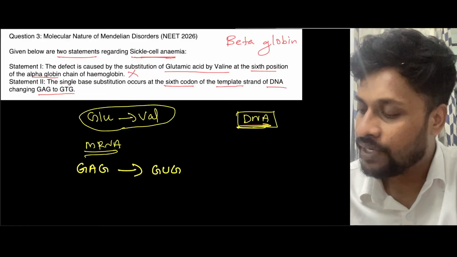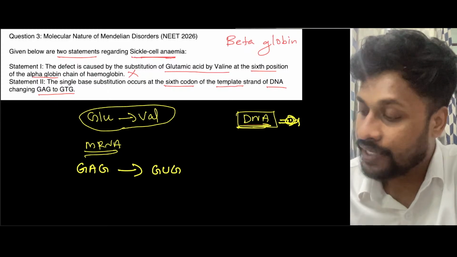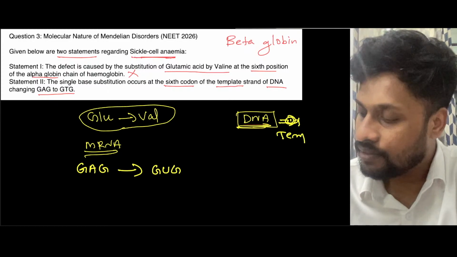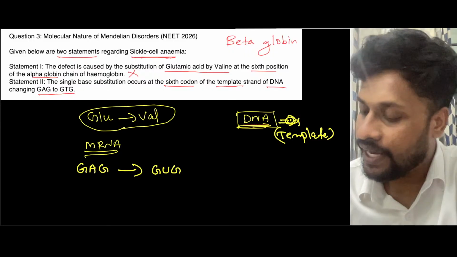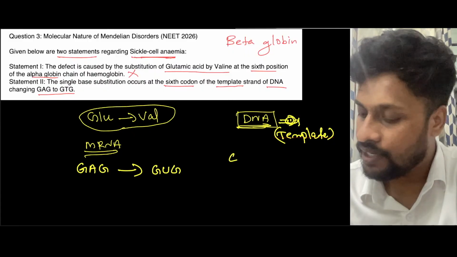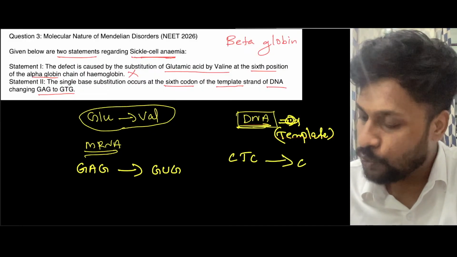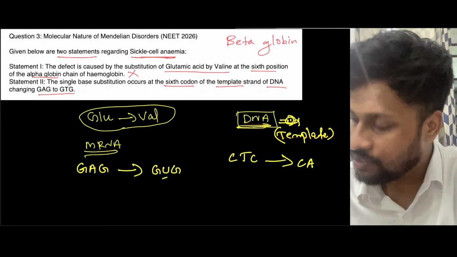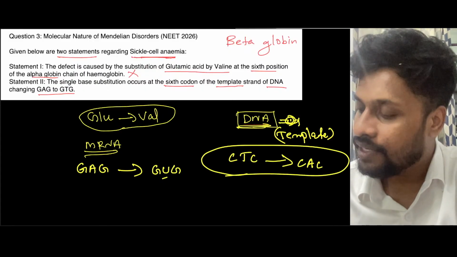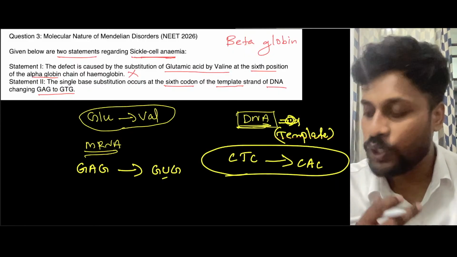You know what is the connection between the template strand of DNA and the mRNA? They will be complementary, which means G means C, A means T, G means C, G means C, U means A. So in DNA, CTC will convert into CAC. In mRNA, GAG will be converting into GUG.